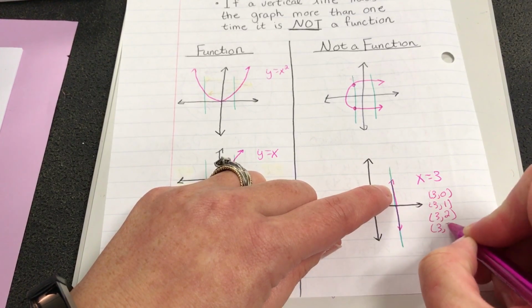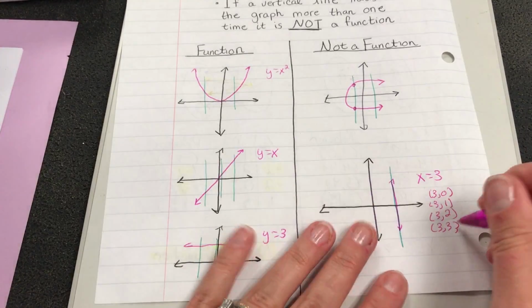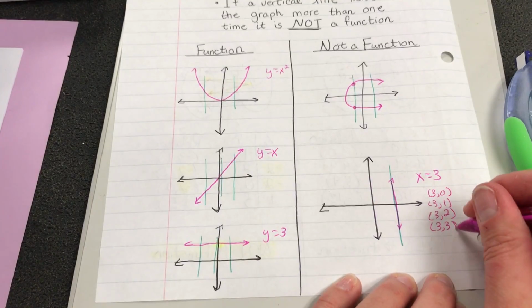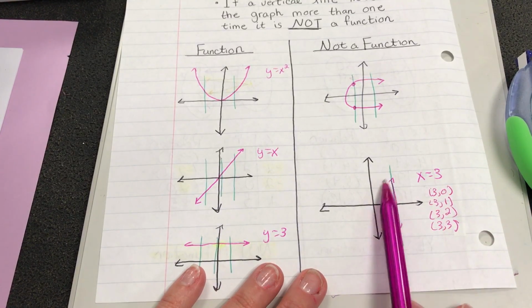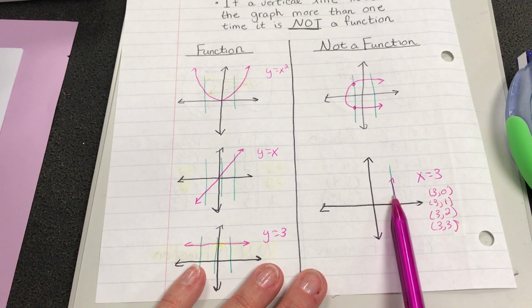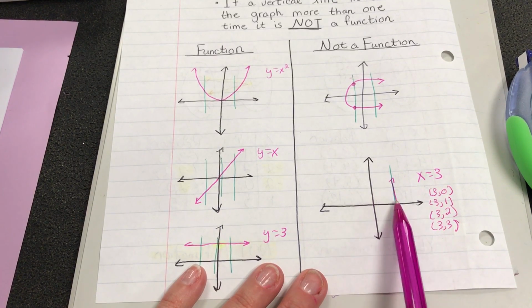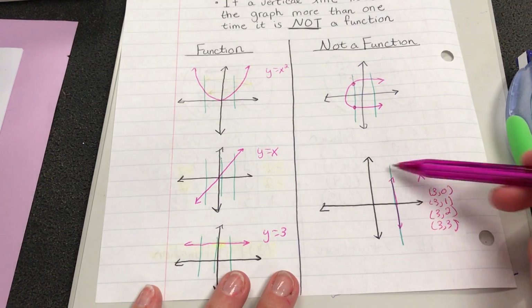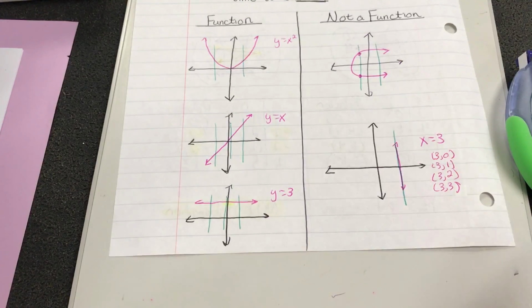And then it's going to be at (3, 3). Oopsie, let me fix my parentheses there. So see, when it's a vertical line, your 3 is repeating, okay? Because you would go over 3 and then not move. Over 3, up 1. Over 3, up 2. Over 3, up 3. So that is where x is repeating when it's a vertical line.